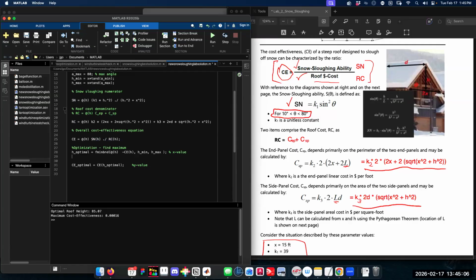As an example, let's say the x value, the best height for this roof, is 30 feet. I think we're in feet. What is the optimal cost efficiency for that 30 foot height? The y value is the CE at 30 feet.